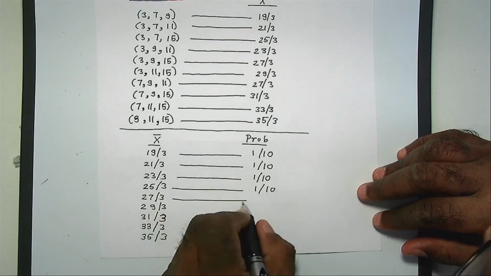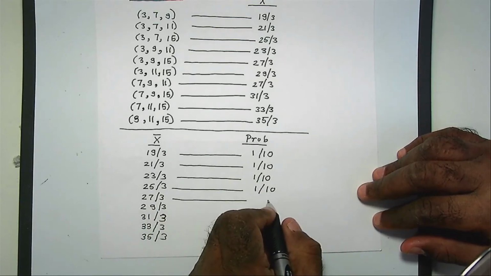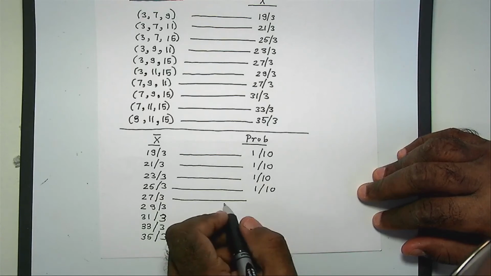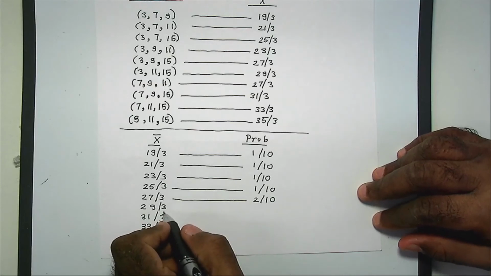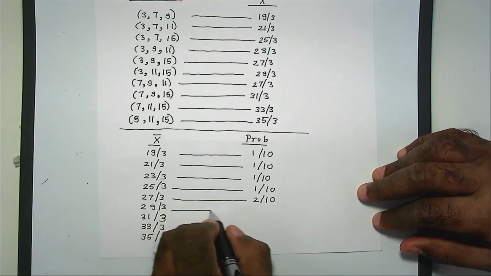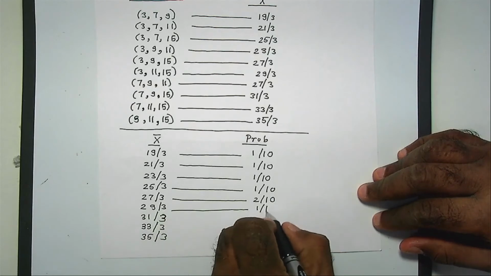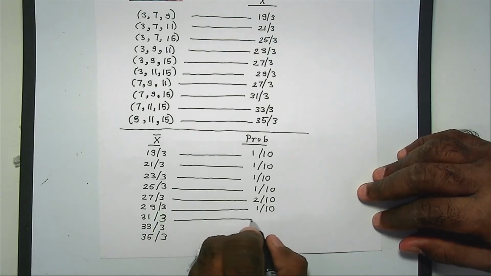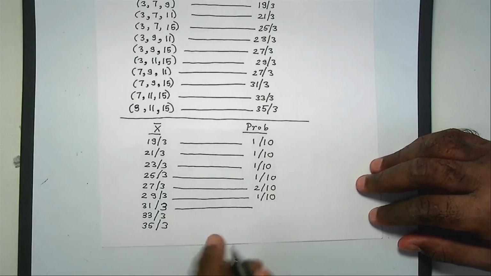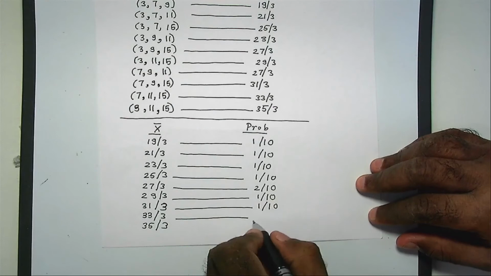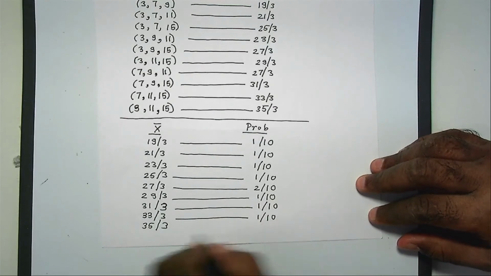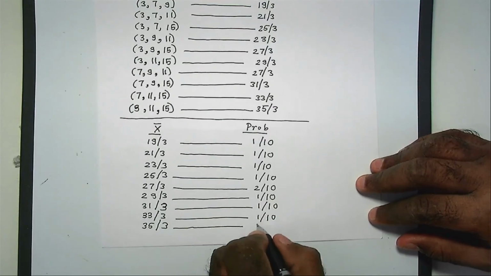27 over 3, you have 2 times, 1, 2. Yeah, you have 2 times. 29 you have 1 time. 31 you have 1 time. 33 you have 1 time. 35 you have 1 time.